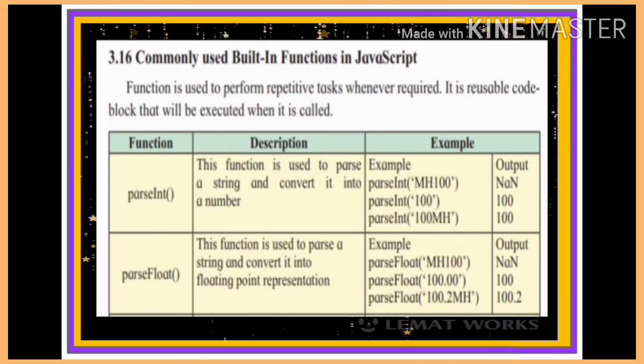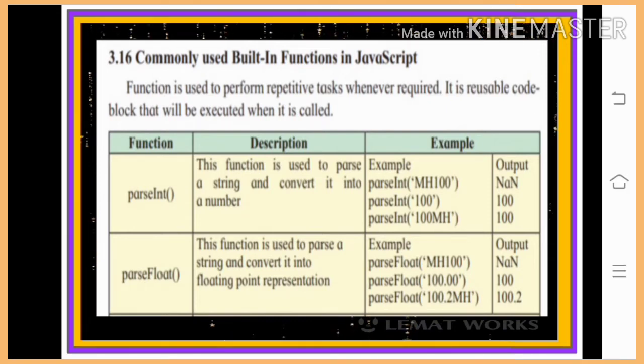This function is used to parse a string and convert it into a floating point representation. If you write parseFloat 100.00, you will get 100. If you pass 100.2 mh, then it will return 100.2. If you insert mh100 in parseFloat, you will get NaN.